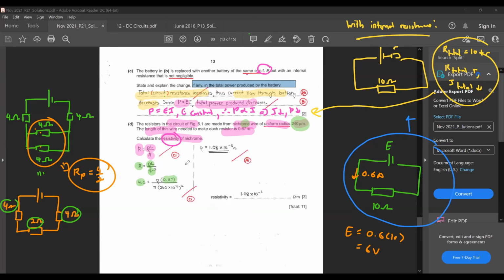Then it had a length of 0.67 meter, and a radius of 240 micrometer. Just change the micrometer to meter. Remember your square. Then multiply with your pi. Solve and find resistivity as 1.08 times 10 power minus 6 ohm meter. There's a typo error here, sorry. This one is not meter, this is ohm meter.